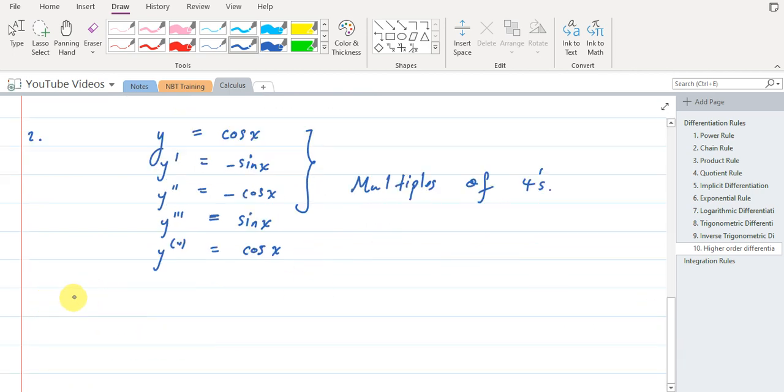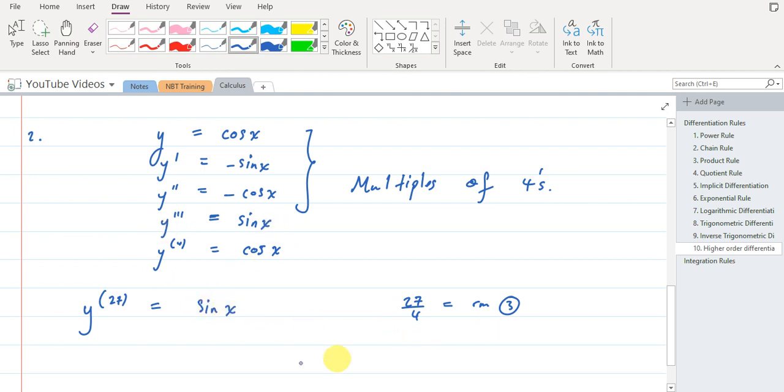We can't really find the nth derivative easily, but if we want to find, say, the 27th derivative, you need to say 27 divided by 4 and look at the remainder. 27 divided by 4 is 6 remainder 3, so you're looking at the third derivative, which is just sine x.